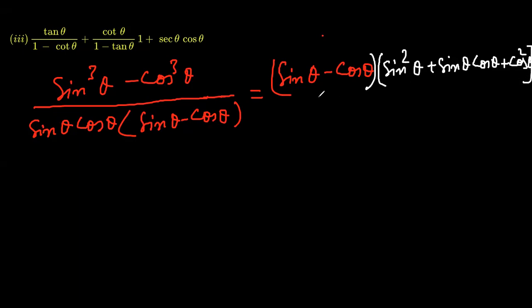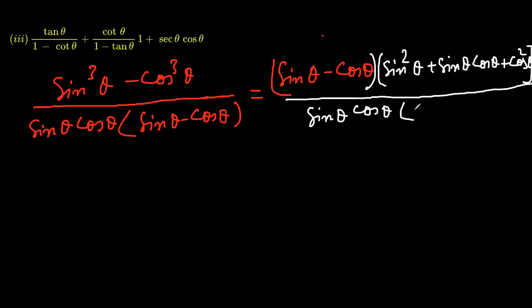Equals, and this divided by the denominator, your LCM is sine theta cos theta and sine theta minus cos theta, and we are done. This sine theta minus cos theta is gone. And look up here, this sine squared theta plus cos squared theta is 1.